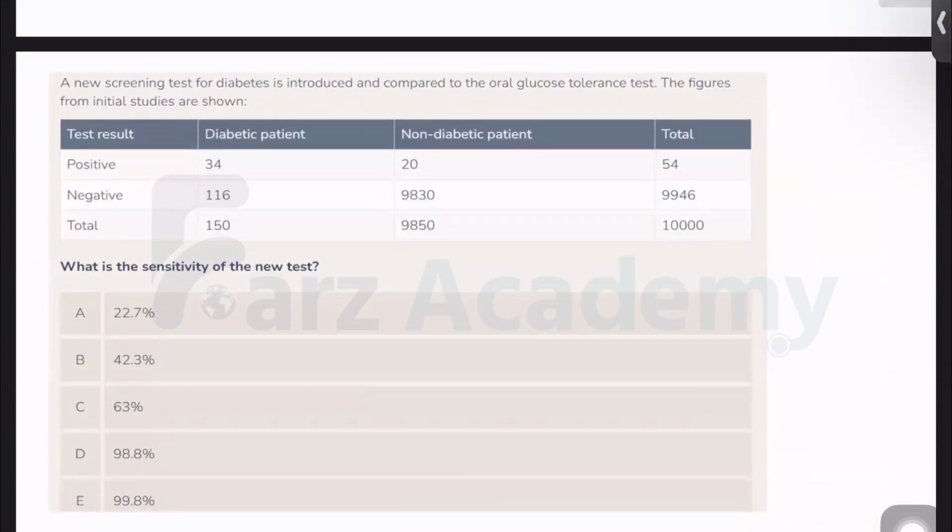Come on, sensitivity. Direct table is given to you. Option A. Very good.